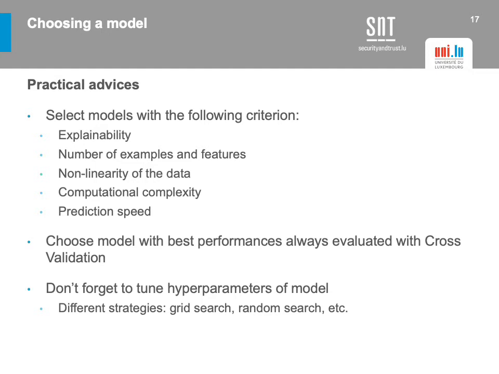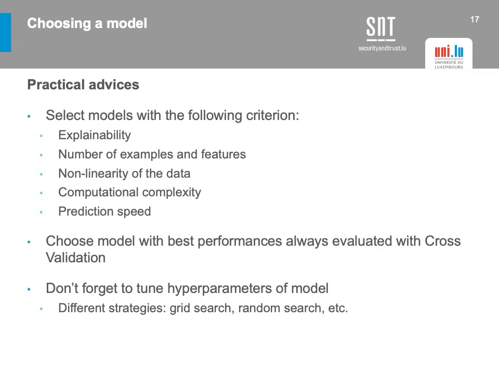Because some models are better if you have a lot of features and examples. If you have non-linearity of the data, it means that you expect that your label will not be linearly correlated with your features.